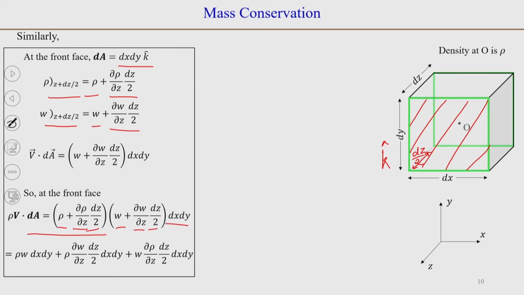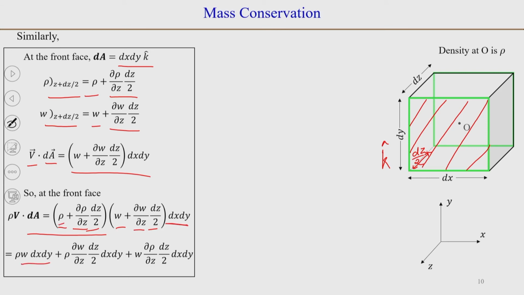And when we do that, because both the vectors are pointing out in the positive direction, their dot product will be positive. So, we can now write down the first term will be rho w multiplied by area dx dy.